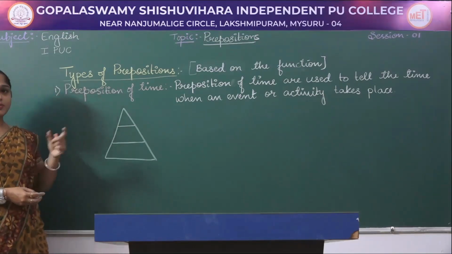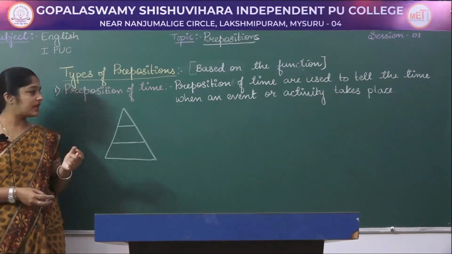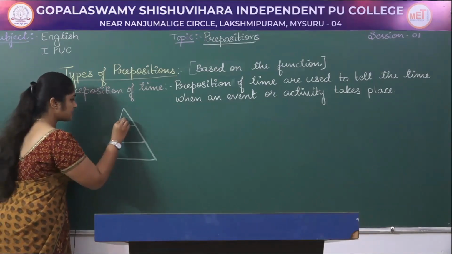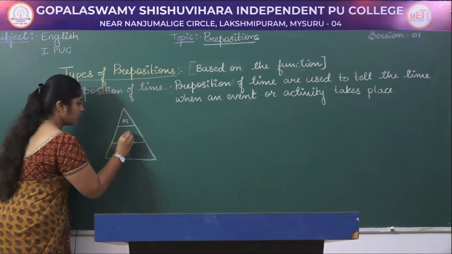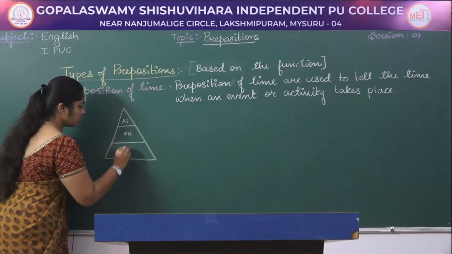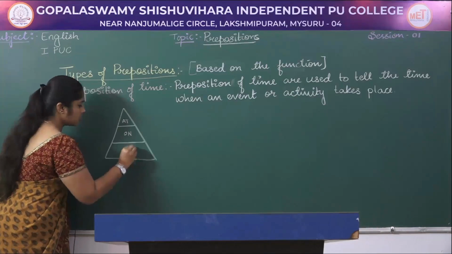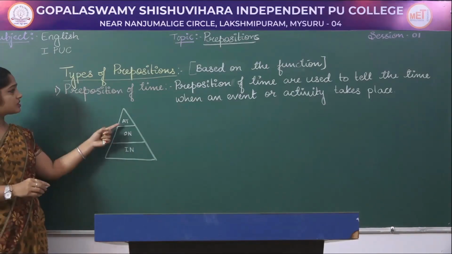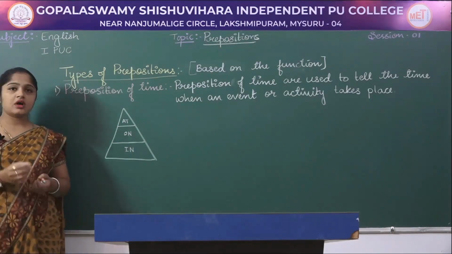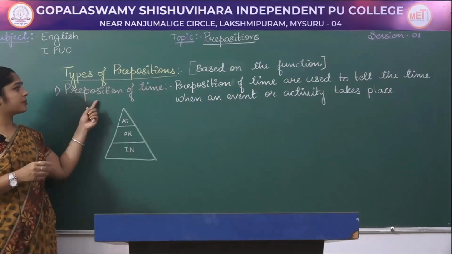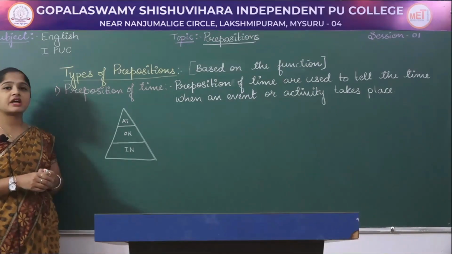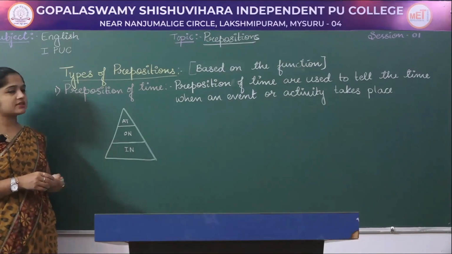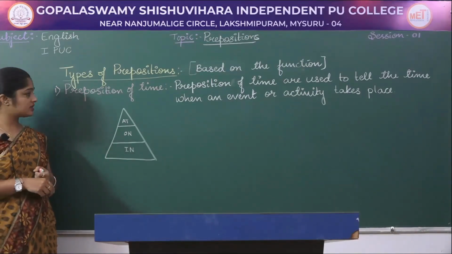So the first one is at, then on and in. At, on and in are examples of preposition of time. We'll see how to use these three and when to use them.